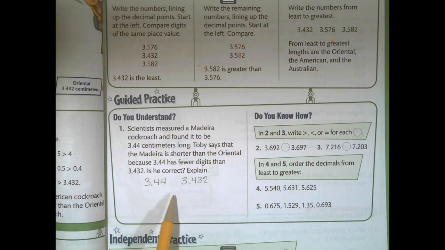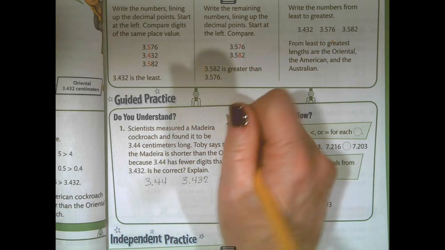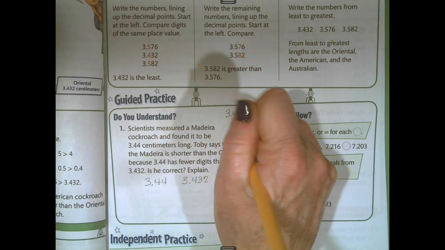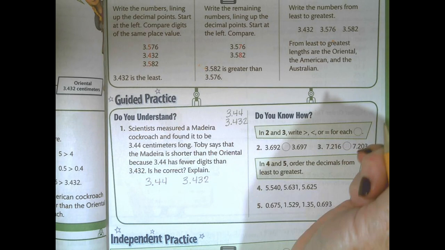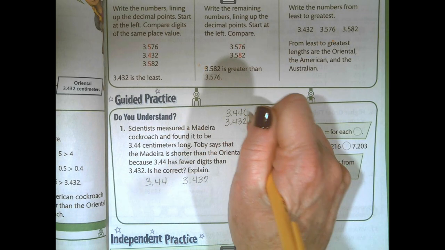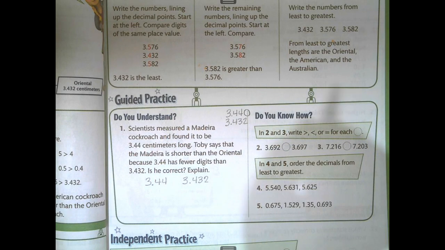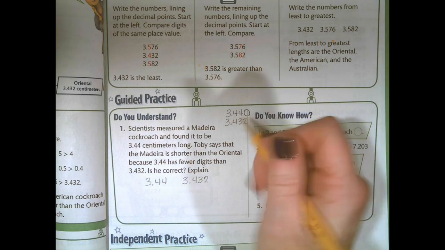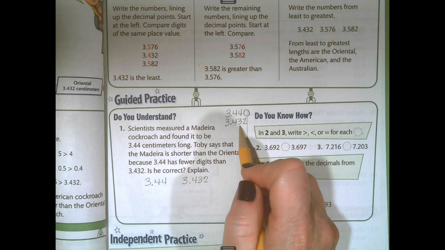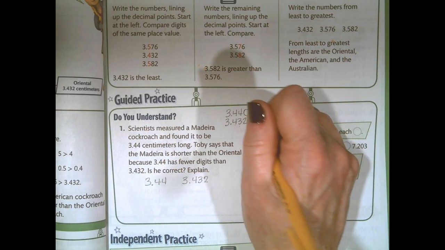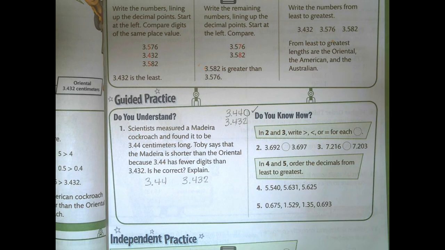So in this case, Toby is not correct because if we stack those decimals, and if we put the place value holder 0 to create an equivalent decimal, then what you see is that they don't differ in the ones place, they don't differ in the tenths, they differ in the hundredths place, and 3.44 is actually greater than 3.432.